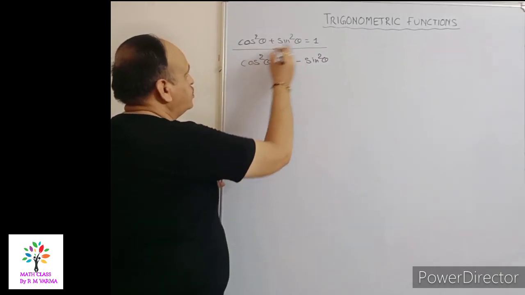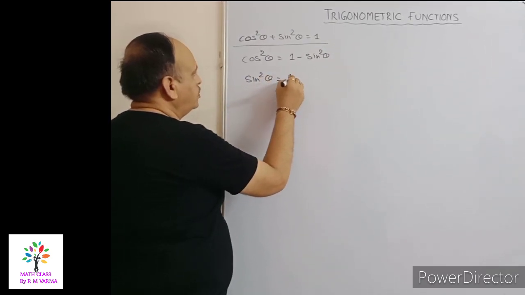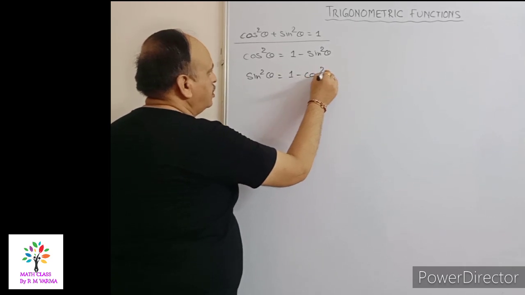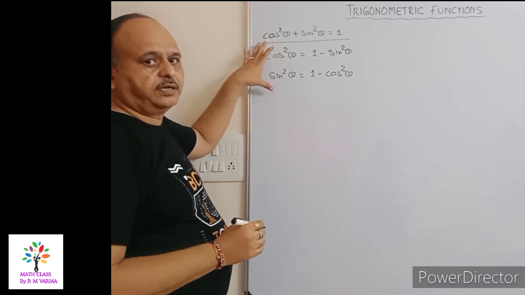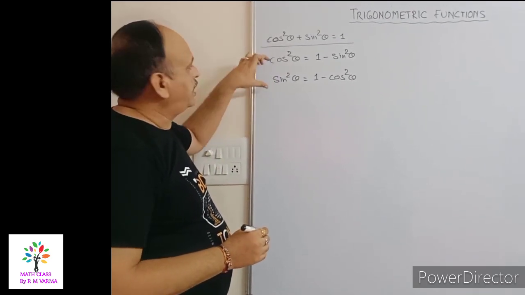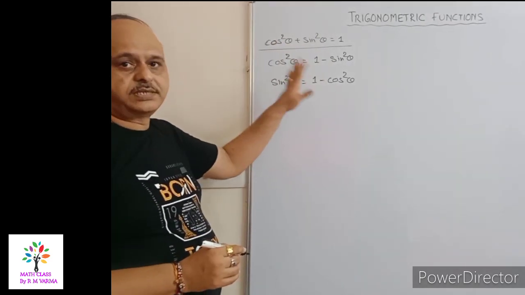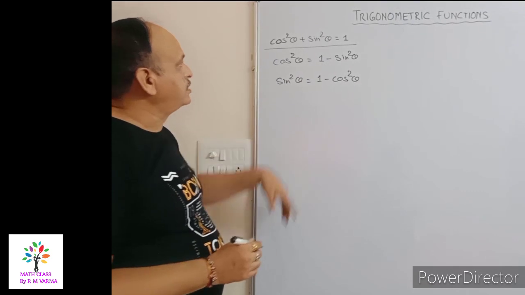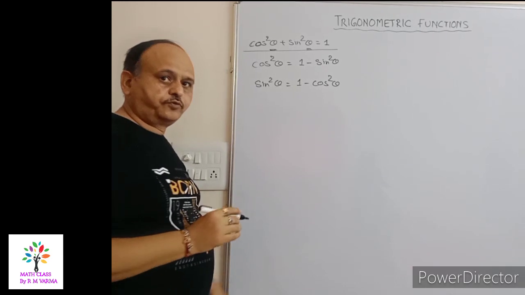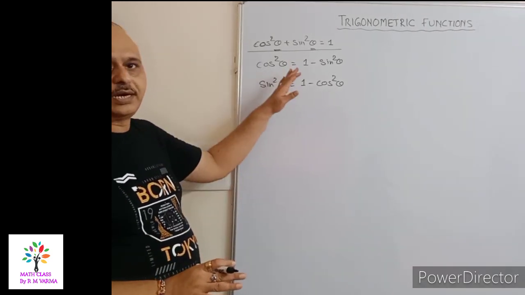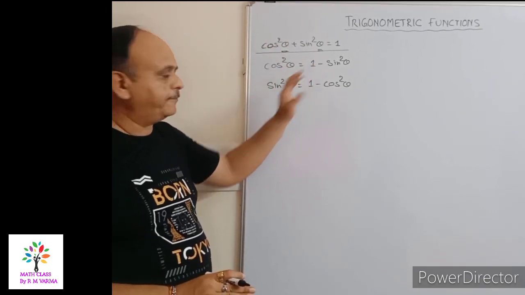Instead of taking sine square, if I take cos square, then I get sine square theta equals 1 minus cos square theta. So we have three identities. From the main identity I have derived two, so in total I have three identities. I hope everyone remembers what an identity is. Identity means it is true for all values of theta. If it is true for all values of theta, it is called an identity, otherwise it is a formula.